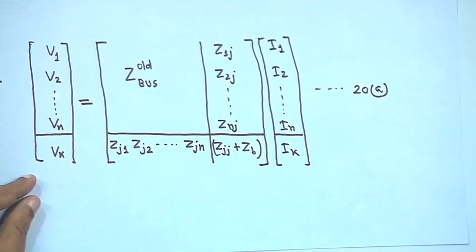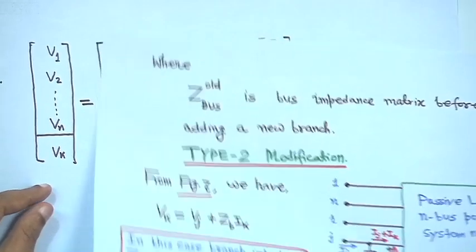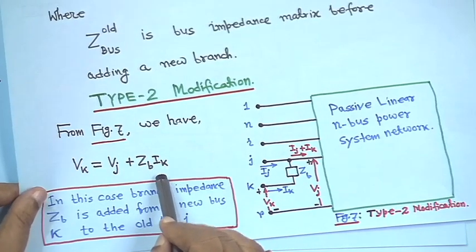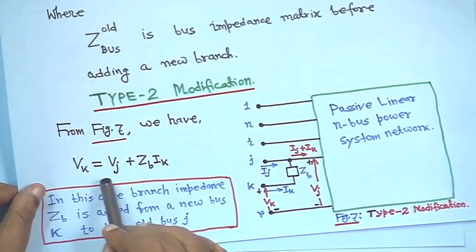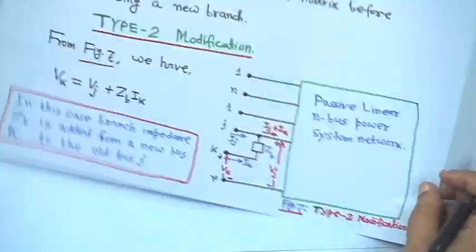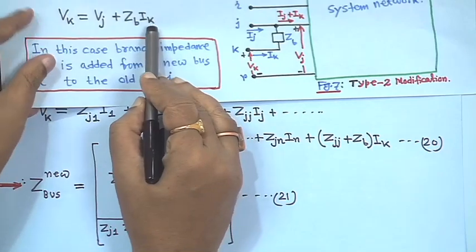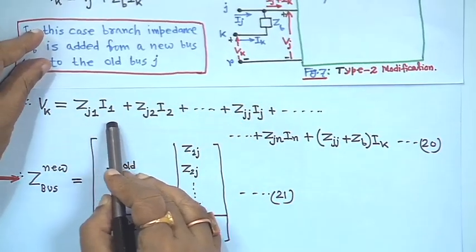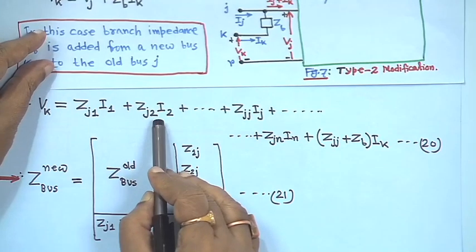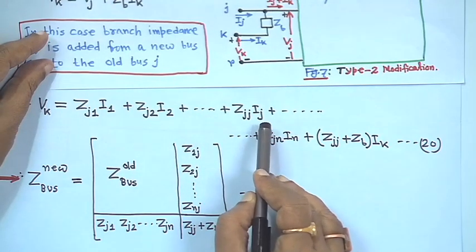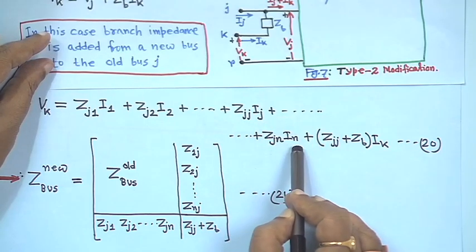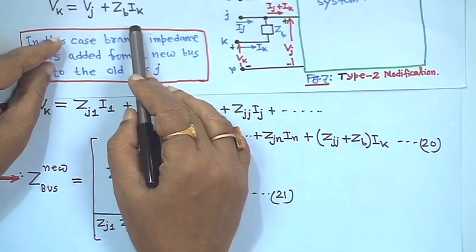So, Vk is equal to Vj plus ZB IK, that means Vk is equal to ZJ1 I1 plus ZJ2 I2 up to ZJJ Ij, that is Vj, plus ZJN In, now plus ZB Ik.